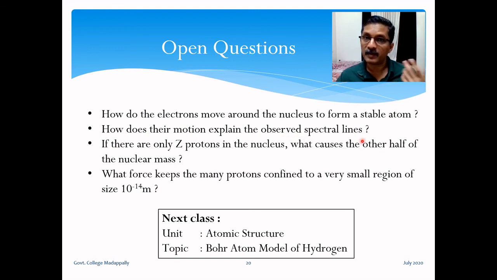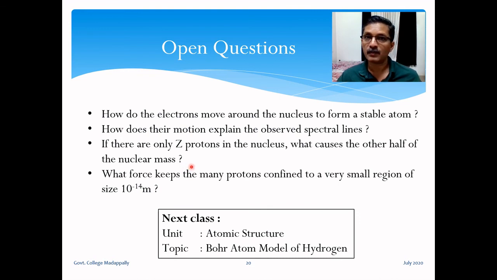In the previous class we discussed the long history of atomic spectra, right from 1800 onwards. How does the motion of the electrons around the nucleus explain the observed spectral lines of different atoms? If there are only Z protons in the nucleus, what causes the other half of the nuclear mass?